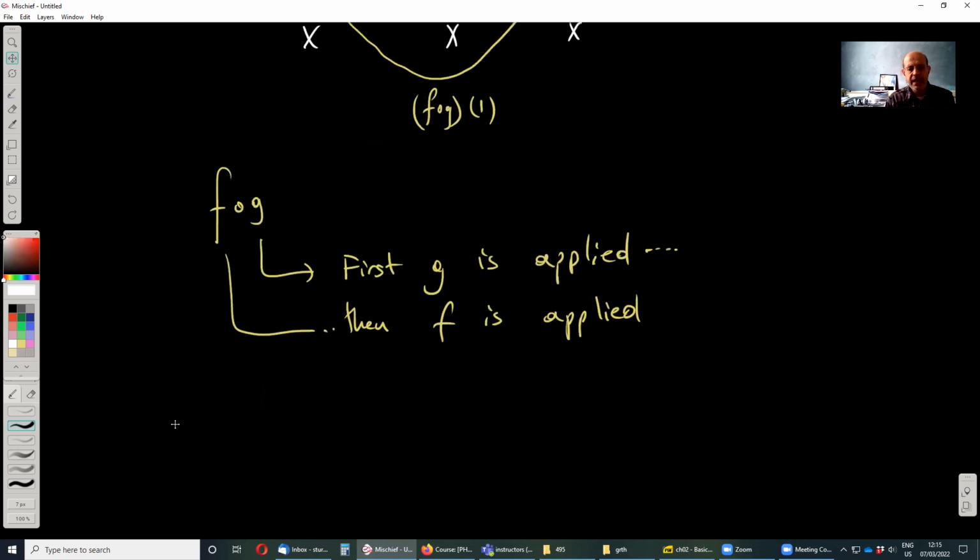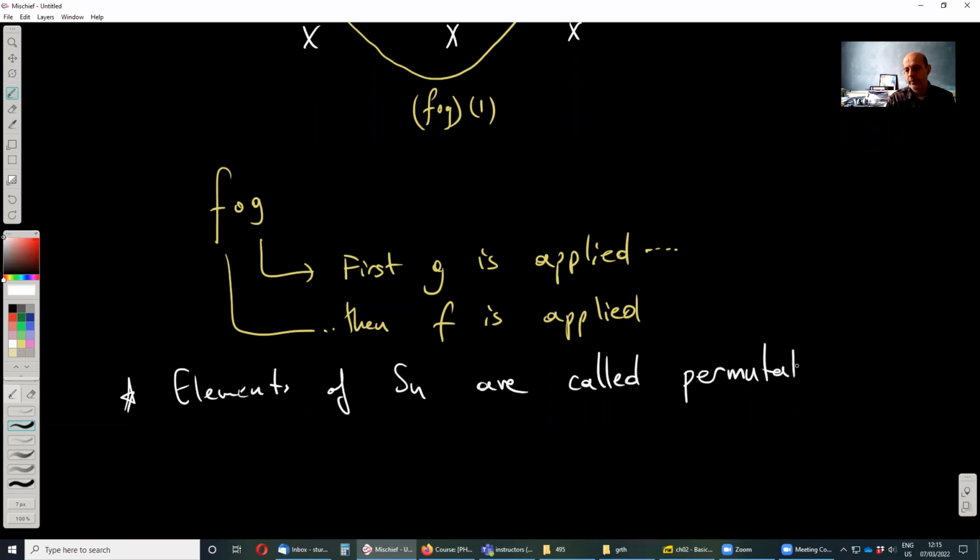All of the elements of Sn are called permutations.